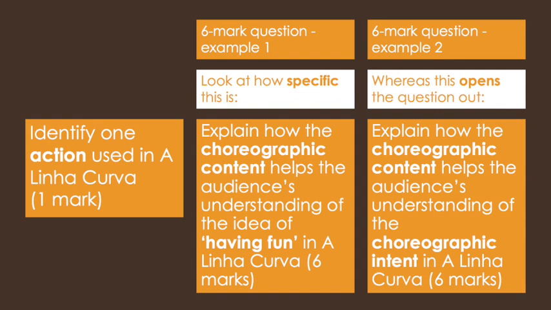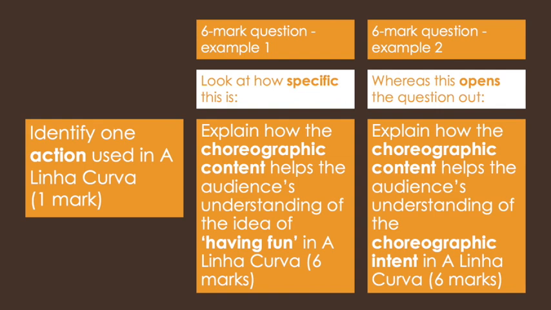The first example of a 6-mark question asks you to explain how the choreographic content helps the audience's understanding of the idea of having fun in a linear curve. This question is specifically focusing on how the choreographic content, which could include reference to the movement content, structuring devices and form, or the choreographic devices, helps the audience's understanding of the idea of having fun.